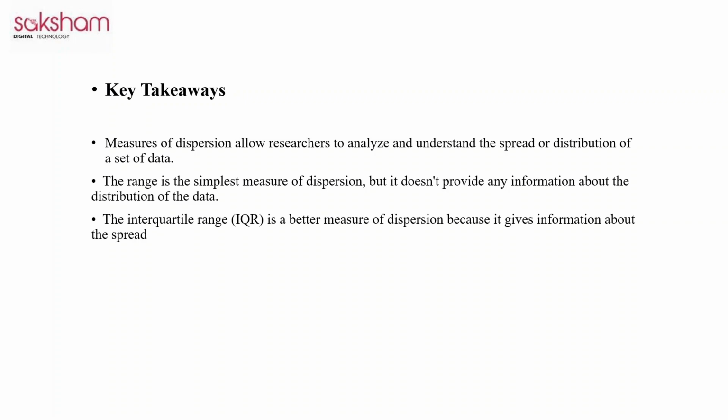The range is the simplest measure of dispersion, but it doesn't provide any information about the distribution of the data. Range is used, but it does not provide information about the distribution of data. The interquartile range, IQR, is a better measure of dispersion because it gives information about the spread.